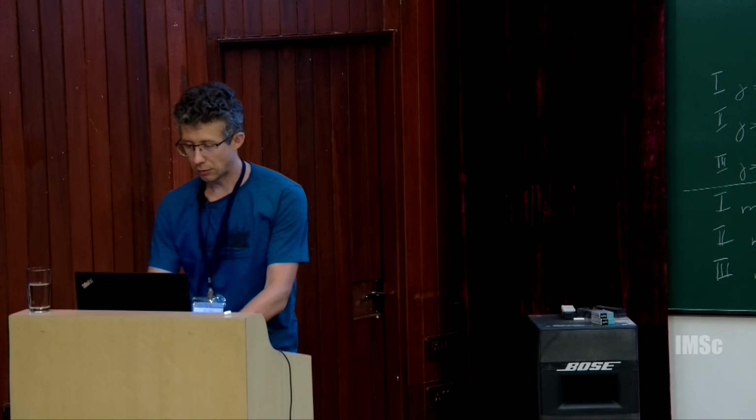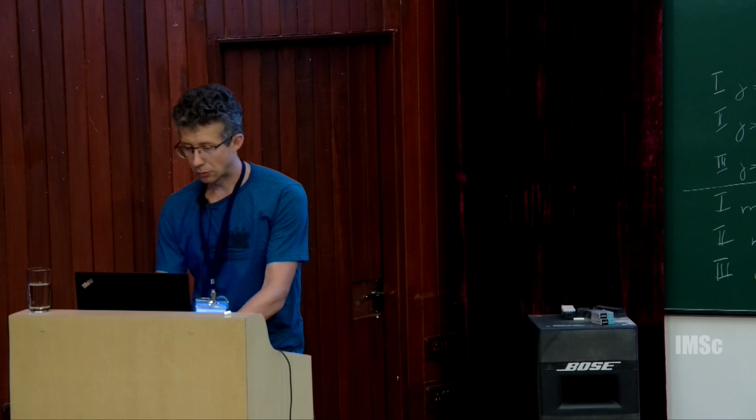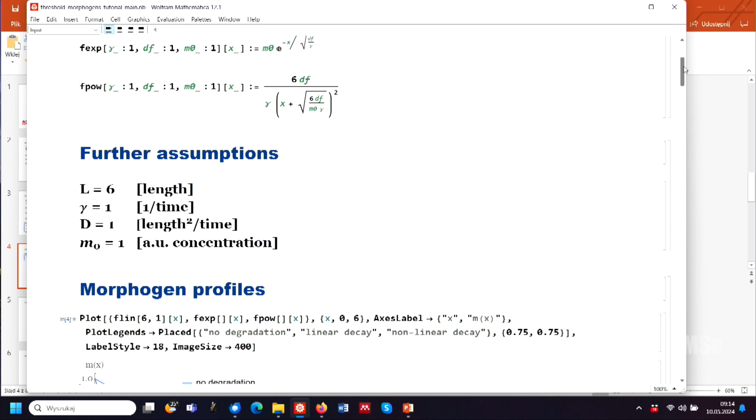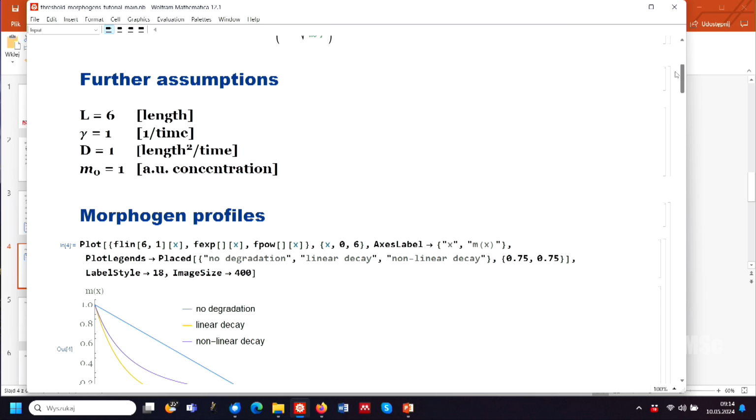So let me quickly just show you. These are the profiles that we derived. I derived with your help, defined in the Mathematica notebook. And now I think everything on the blackboard should be fine. Then we make simplifying assumptions, just to do some back of the envelope calculations.